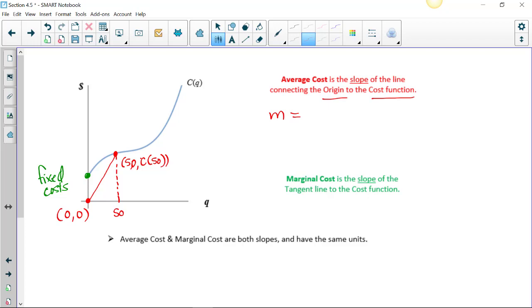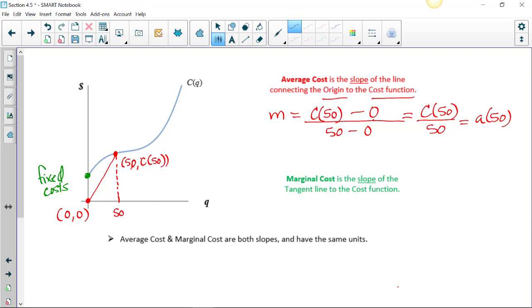Change in y over change in x: the total cost to produce those 50 items, minus 0, over 50 minus 0, basically gives me the total cost for 50 items divided by 50, which is the average cost to produce 50 items. So this line has a slope of the average cost to produce 50 items.